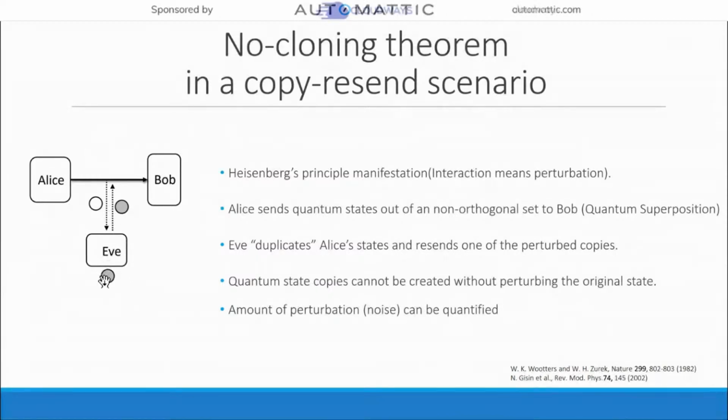So she keeps one copy for herself, but it is perturbed, a noisy signal, and she sends back to Bob another noisy signal too. By this, Alice and Bob can track the eavesdropper, so they can really detect if somebody heard their conversation. And this can be a real advantage, as we can see later.